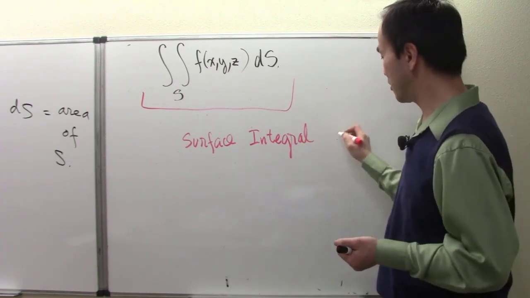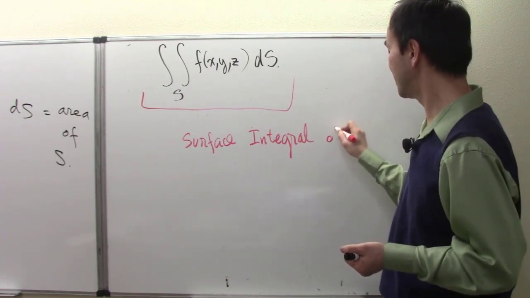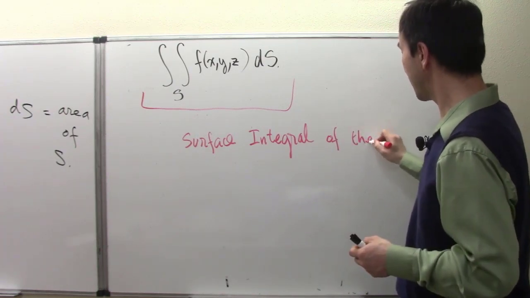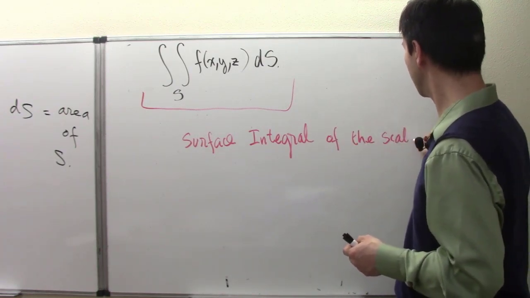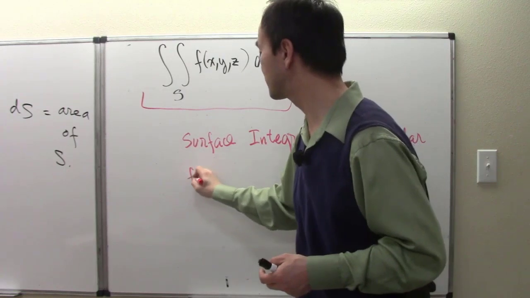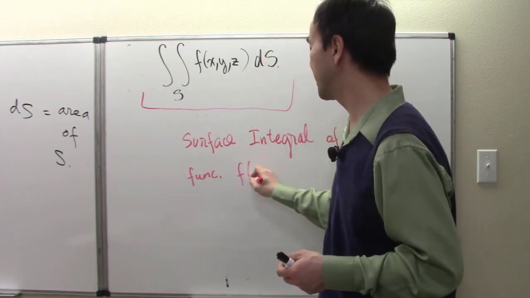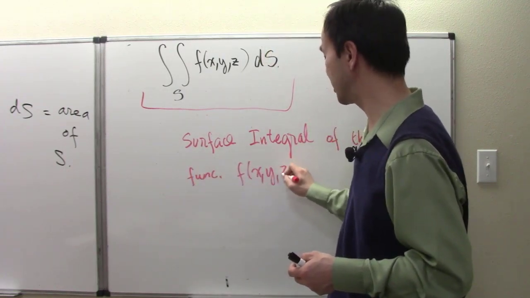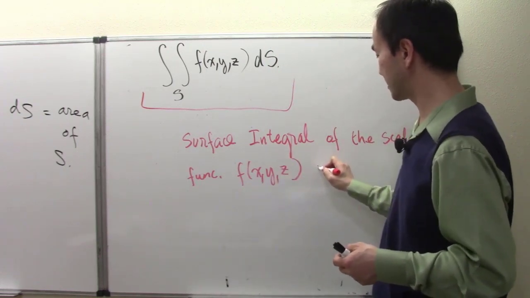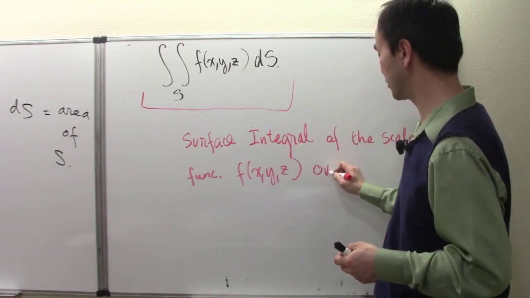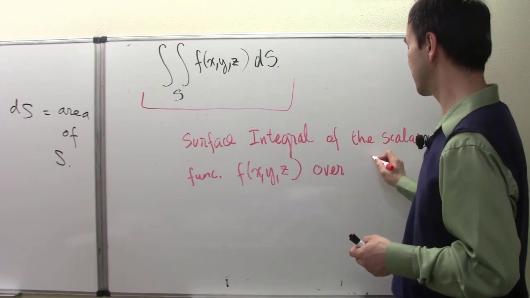It's a surface integral of the scalar function f of x, comma y, comma z. And then we're taking that surface integral over the surface S right here.